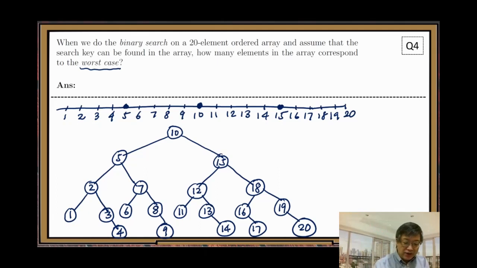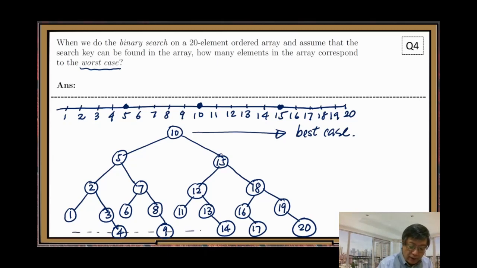You can see the node at the top level, the root, is the best case. All the nodes at the bottom level correspond to the worst case. Then you count the number of nodes, 4 or 5 nodes? So the answer equals 5.